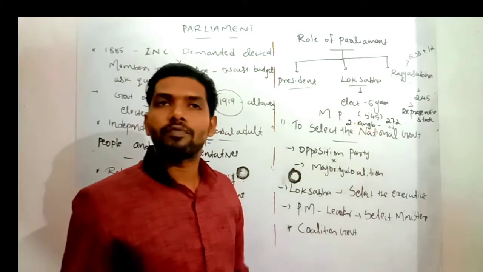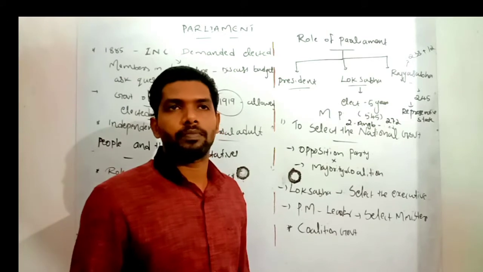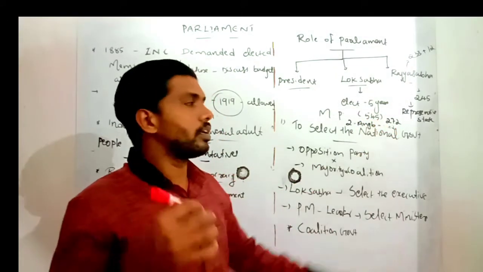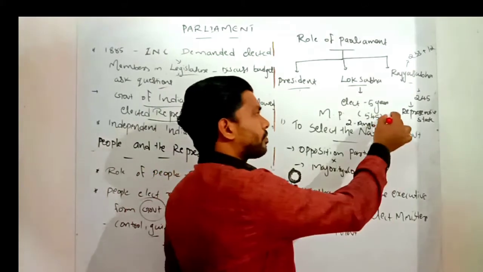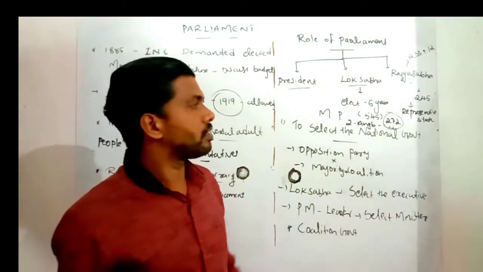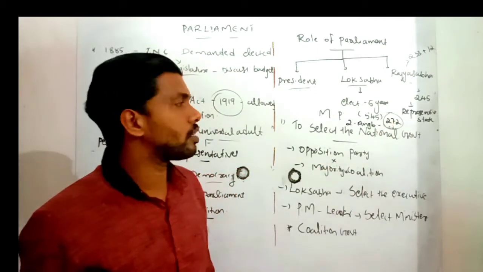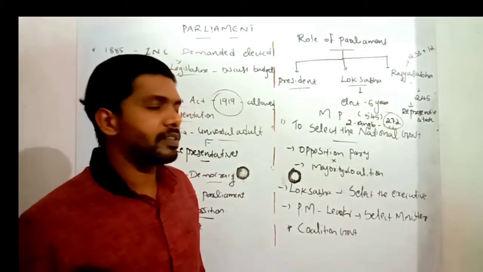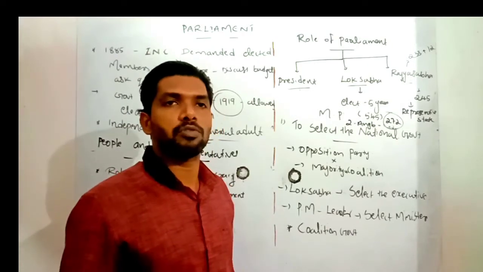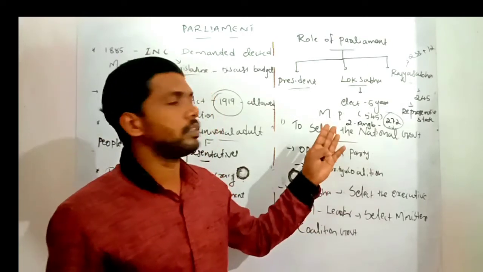And every 5 years, we can expect one general election. In that general election, whichever party gets 272 seats can form the government in India. The President welcomes them and appoints the prime minister, and that prime minister selects their ministers and rules India.